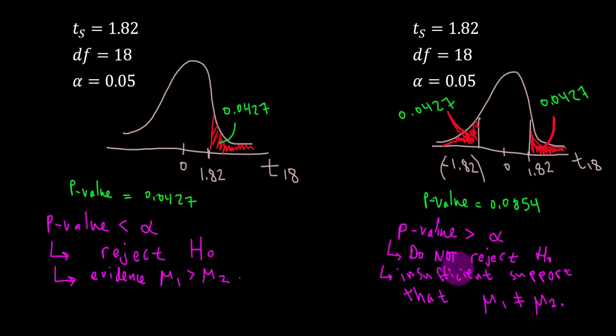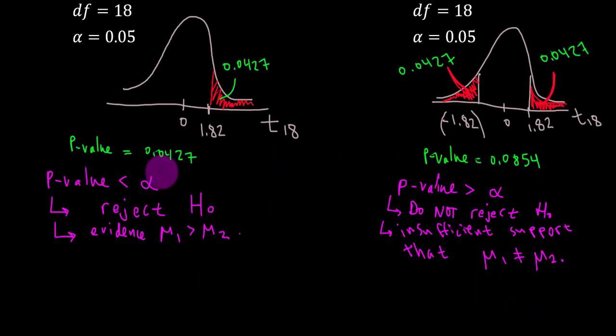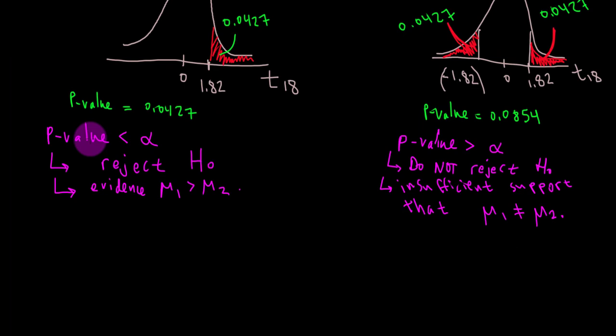As you can see in these two scenarios, with all the same quantitative values, we ended up with much different conclusions. And that was purely as a result of the formulation of the alternative hypothesis. So it's important to create your hypotheses based on sound reasoning, or else you could open yourself up to potentially making an error. Now, we don't know which one of these conclusions is the correct conclusion.